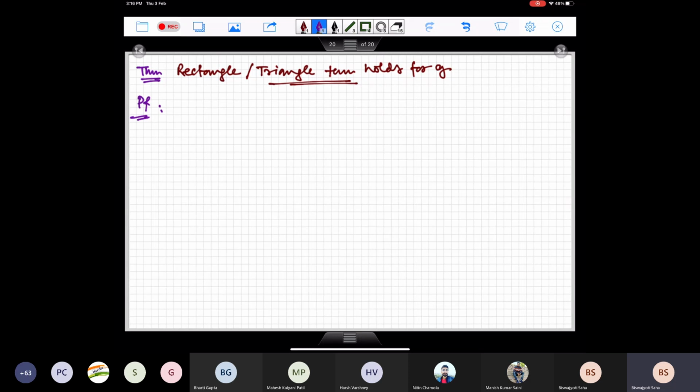The proof is not very complicated. Let R be a triangle, I'm going to show it for a triangle; you can do it for a rectangle also. Let R be a triangle on the ball, where I was defining g.